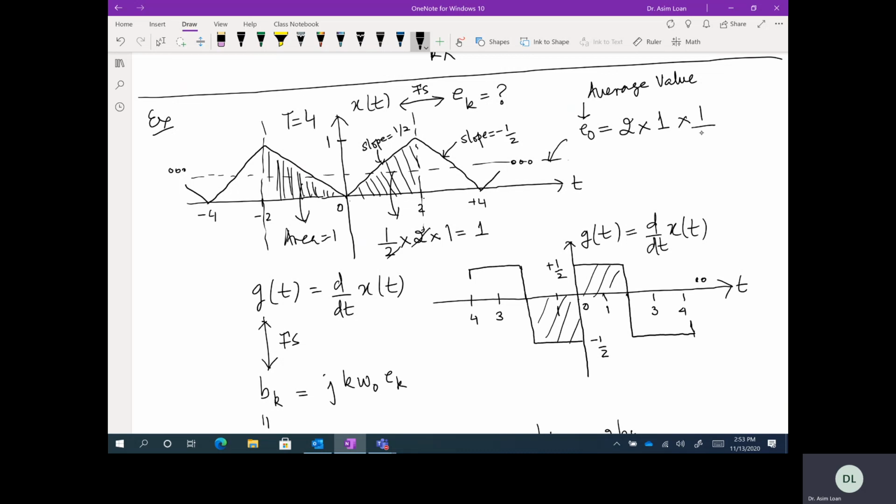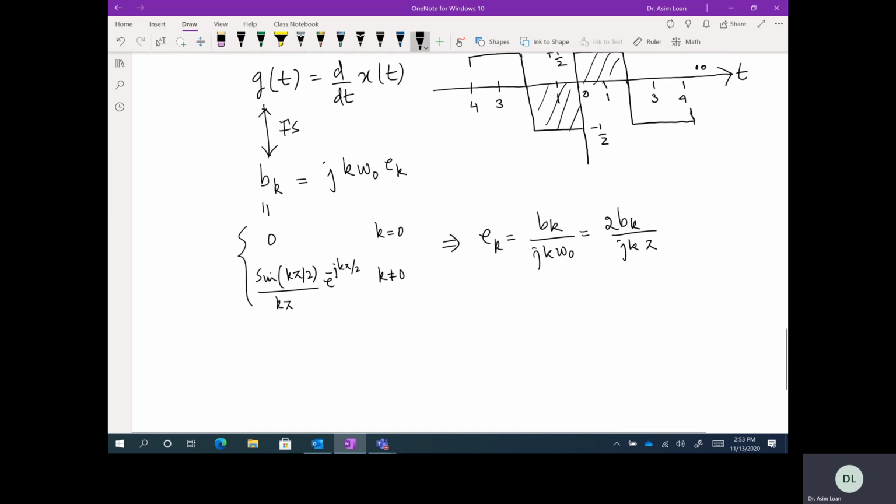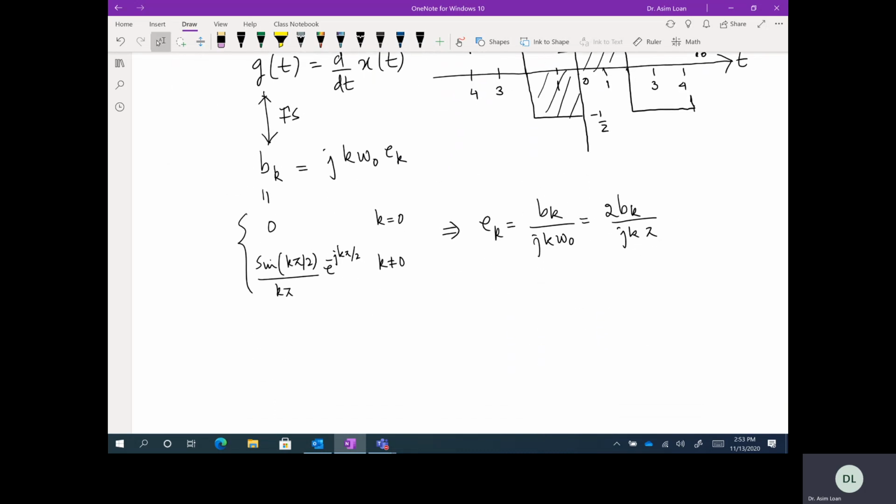So 2 times 1 over 4, and this is half. So EK is equal to half for k equal to 0.